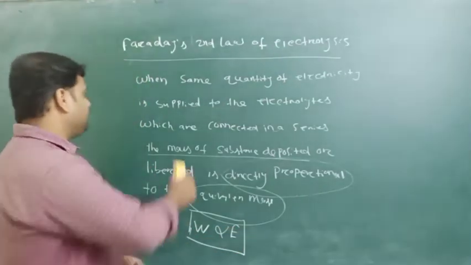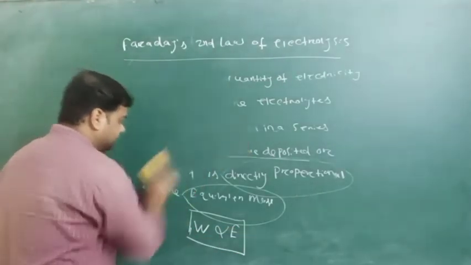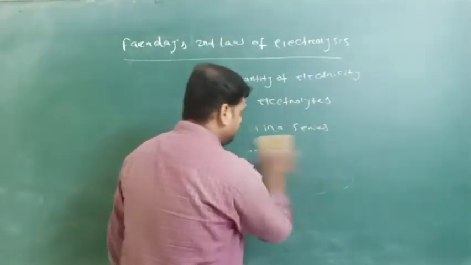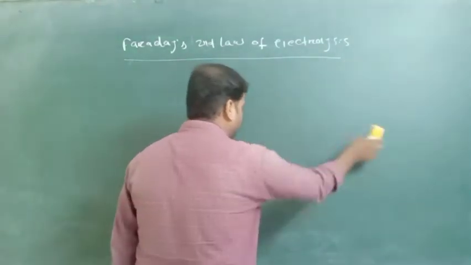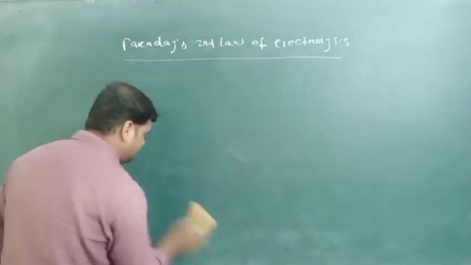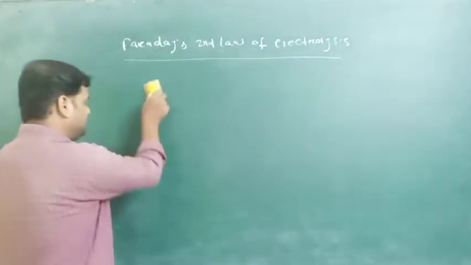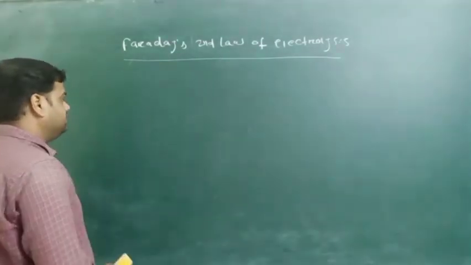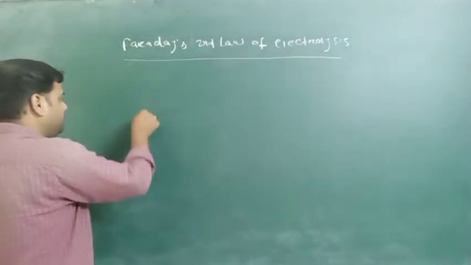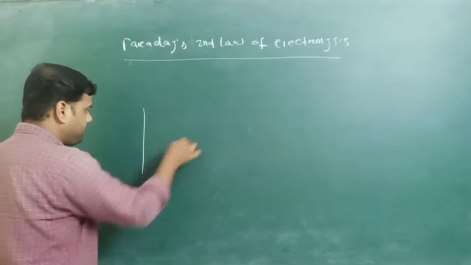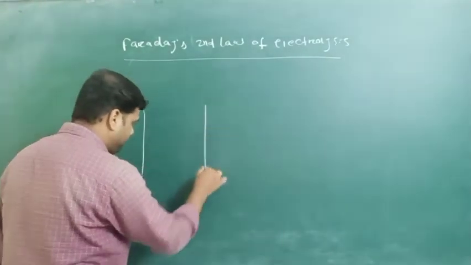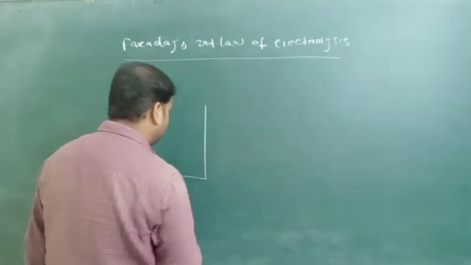Now we will draw a diagram of electrolytes connected in series. We will take three electrolytic cells with different electrolytic solutions. This is one electrolyte.